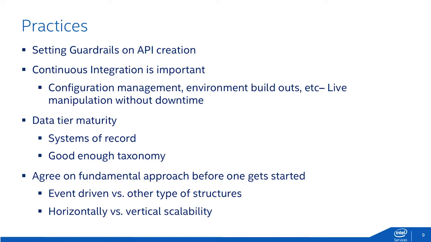And of course, agree at the onset on the fundamental approach. There's a lot of great ideas, and I would argue that the how and the what are equally as important. And having that upfront view is, in my opinion, important.